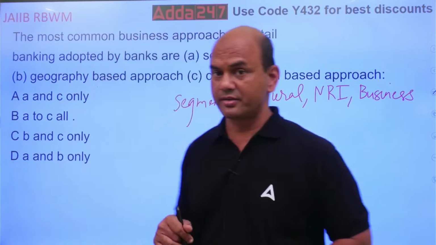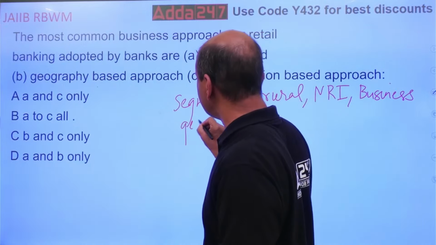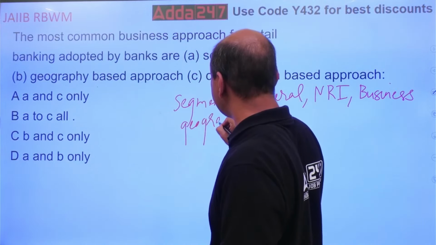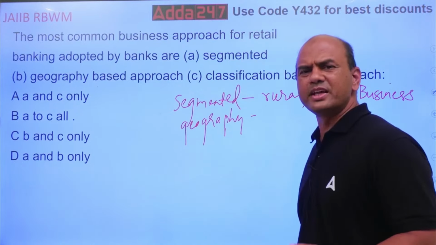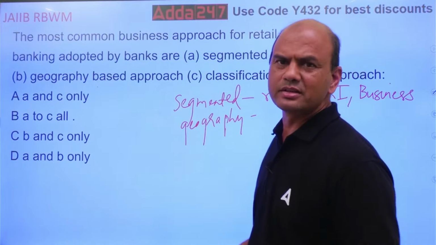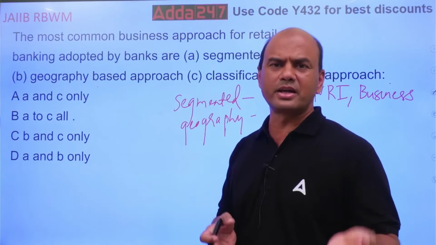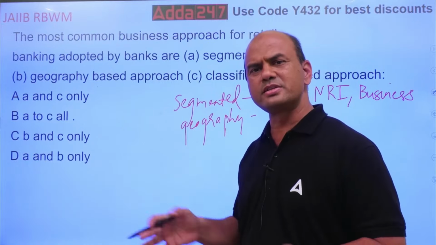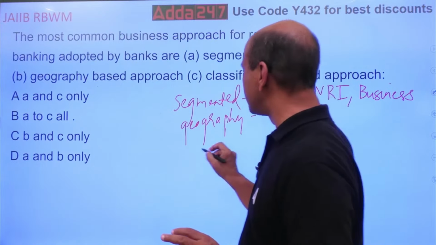That is segmented. What is the second one? Geography. Geography means as per the state, as per the location. This is a city branch, this is a Tamil Nadu branch, this is a Maharashtra branch, this is a Kashmir branch. Based on geography, simple. And the last one is classification.